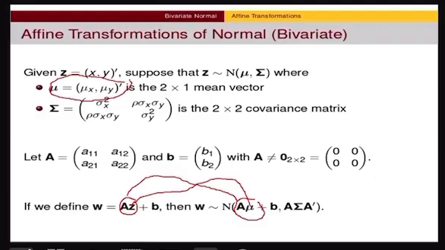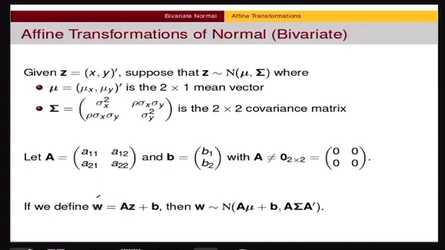Now I also want to seek the covariance of W. Please pay attention. Like I said, the mean of this one is this guy, and you have to add the constant because the expectation of a constant is a constant.